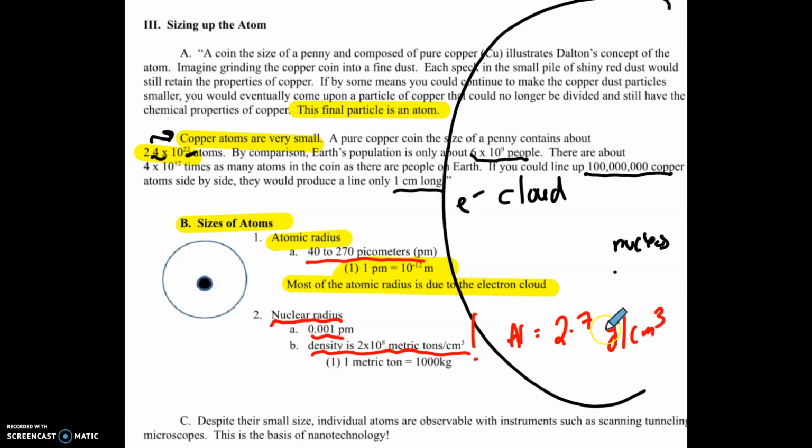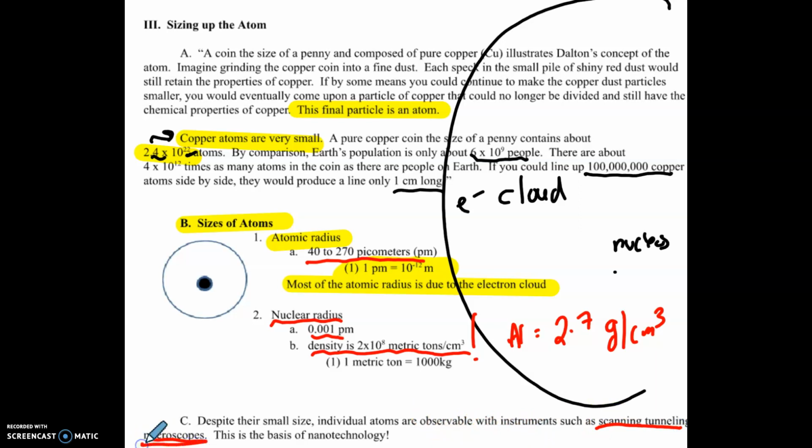So 2.7 grams versus 2 × 10⁸ metric tons. Almost all of the mass of the atom is in that tiny, tiny, tiny dot, which makes it very, very, very dense. So despite their small size, individual atoms are observable with instruments such as the scanning tunneling electron microscope.